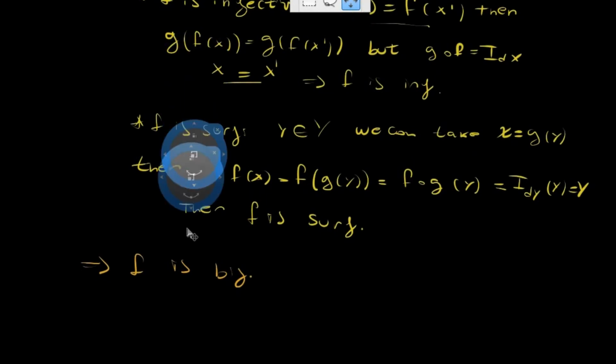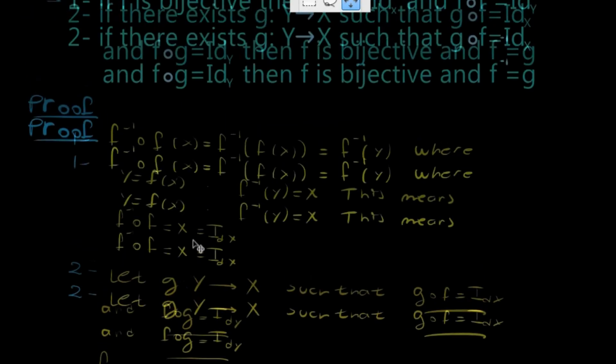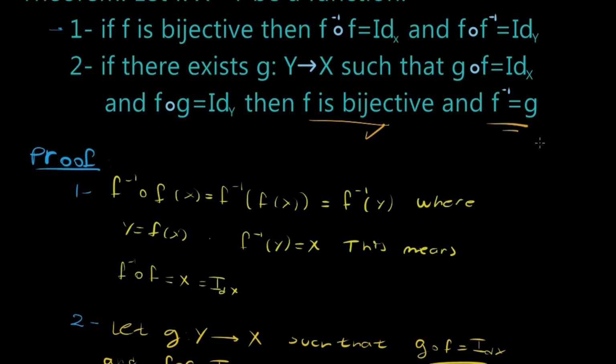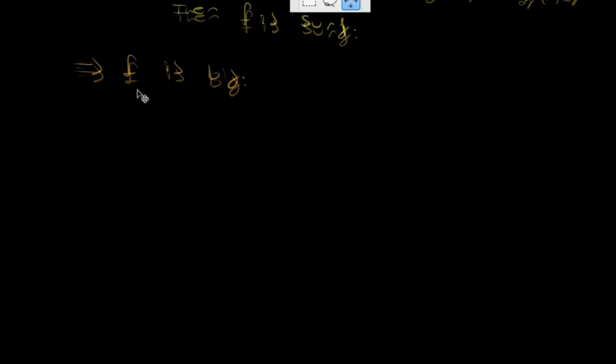Now, let's look at the theorem again. The second part said if I have g that satisfies this, f is bijective. We've proven this, and we have to prove this other part. Let's prove that the inverse of f is g.